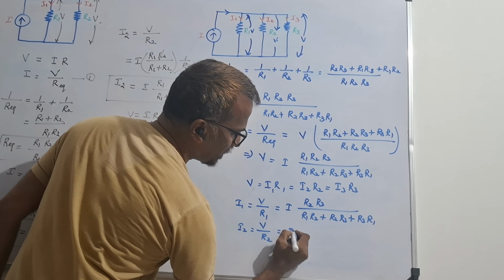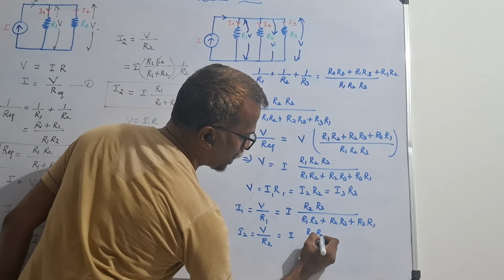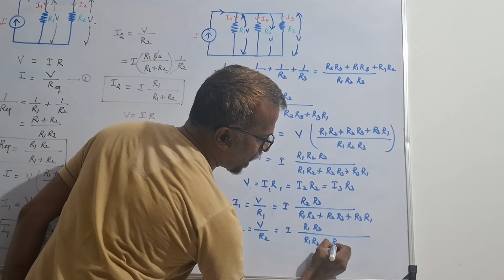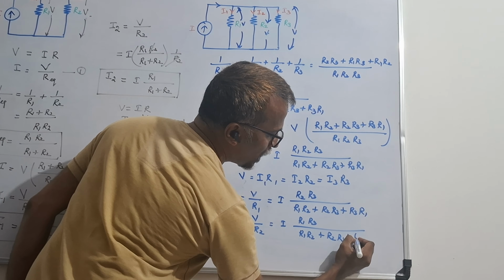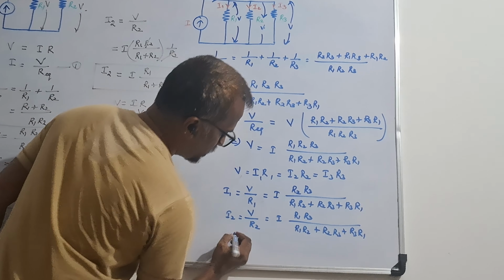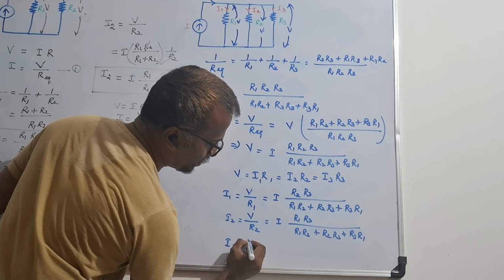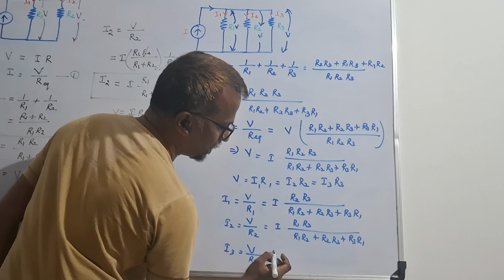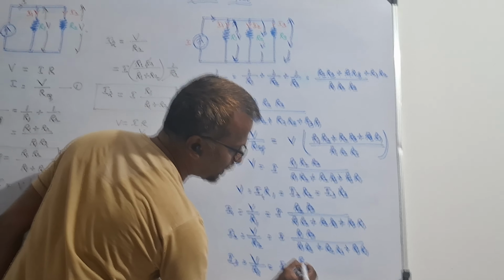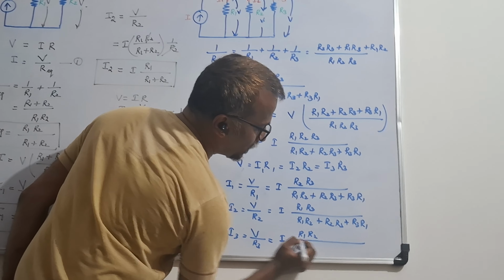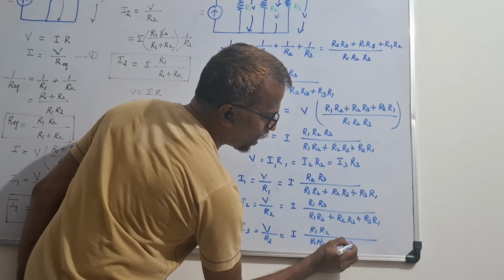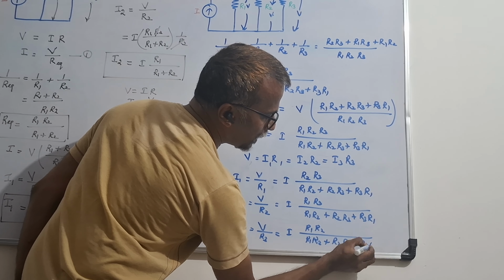Therefore I2 is I into R1 R3 divided by R1 R2 plus R2 R3 plus R3 R1. Then finally I3 is equal to V divided by R3. So R3 will cancel in this term. Therefore I3 is I into R1 R2 divided by R1 R2 plus R2 R3 plus R3 R1.